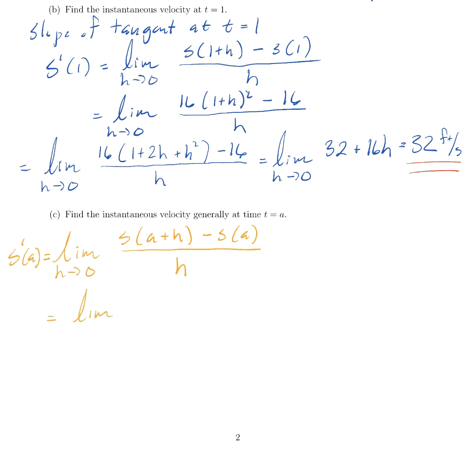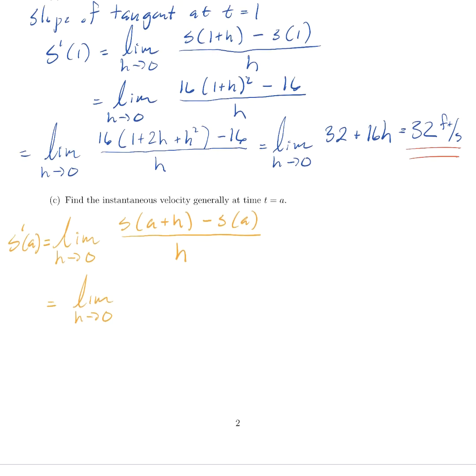We get the limit as h approaches 0. s of a plus h is 16 times (a plus h) squared. s of a is 16a squared, and that's all divided by h. Okay, so we press on with our algebra.